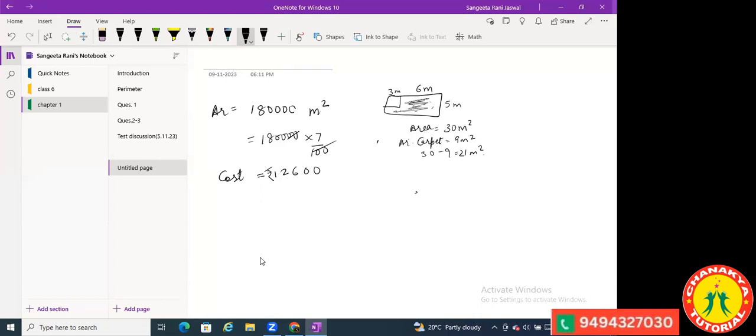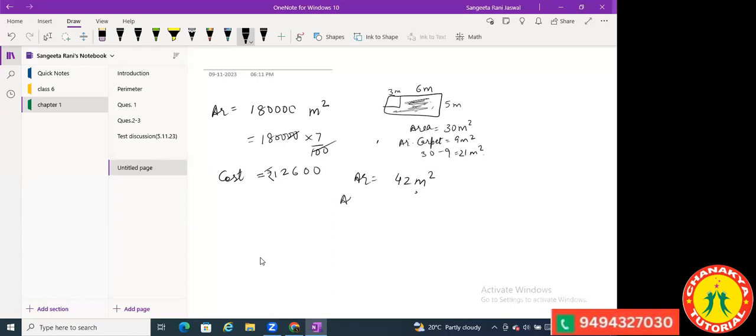The 5 square flower beds, each of sides 2 meter, are dug on a piece of land 7 meter long. Now the piece of land is 7 meter long and 6 meter wide. So area of the land is 7 into 6, that is 42 meters square. And 5 square beds, each of side 2 meter.